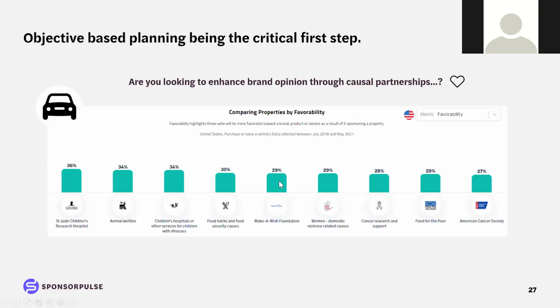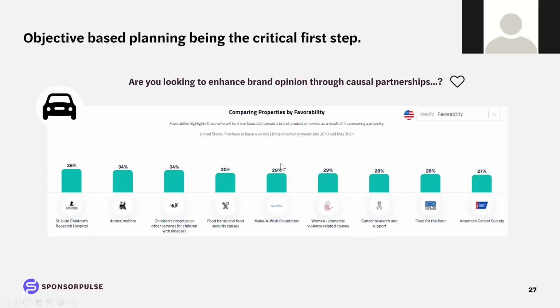So women's domestic violence, cancer research, food for the poor, American Cancer Society, again the top of 100, but all of a sudden it starts to really streamline your decision making and simplify it, which we're going to keep coming back to, that word of simplifying, because it's really what it's all about. To say, of all those hundreds of opportunities, here's 5 or 6 or even all 10 that I wouldn't have even considered, but they're going to do what I need them to do, which is change brand love and help enhance brand love.